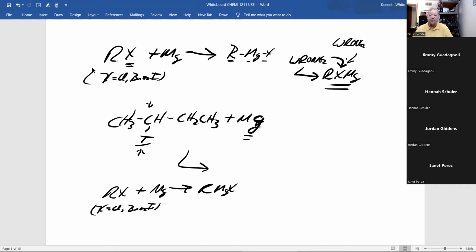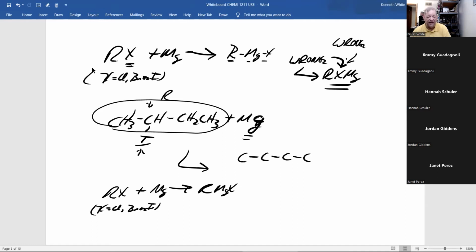And what you get is RMgX. Now, do you break carbon-carbon single bonds? No. So I have 4 carbons here. That's my R group. I better end up with 4 carbons. And which carbon has the halogen? This one. And that's the one that's going to be bonded to the magnesium, and the magnesium will be bonded to the iodide. This counts as one bond.